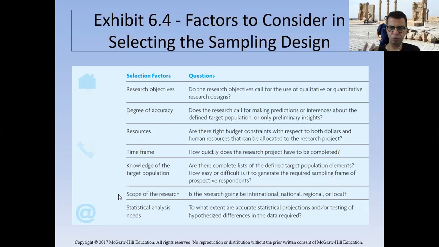So the research objective will determine whether we're going to do quantitative or qualitative, and the degree of accuracy. Does the research call for making a prediction or inference about the defined target population, or for preliminary insight?